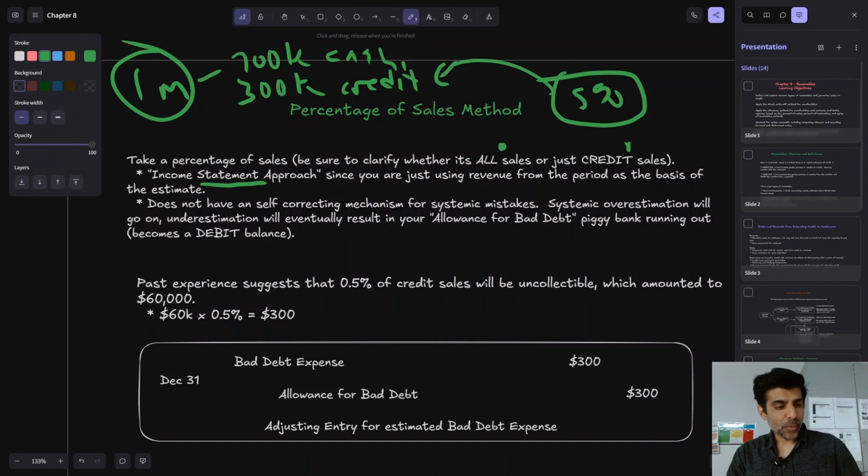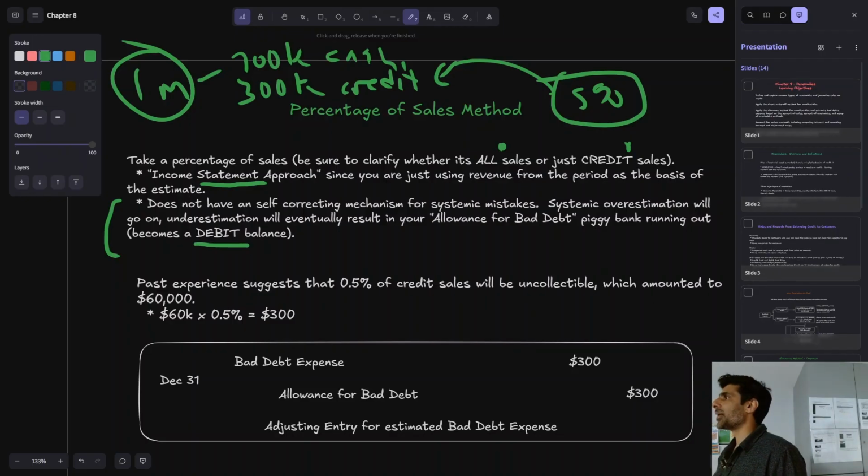Okay. So the other problem with this is that it doesn't self-correct. We're going to see with the other two methods, they will get trued up every period. This method, you can keep having structural errors until you hit a point where your allowance for bad debt is basically a debit balance. That's when you've screwed up beyond being correctable.